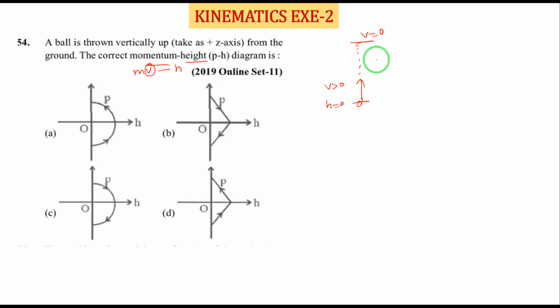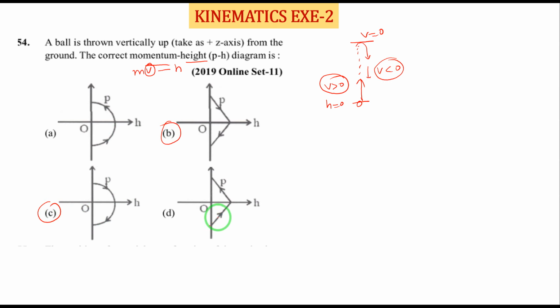At this point velocity is 0. After this height h, ball will come down, so velocity will become negative. So first half it should be positive and second half it should be negative, right? Which is given in the graph C and B, right?